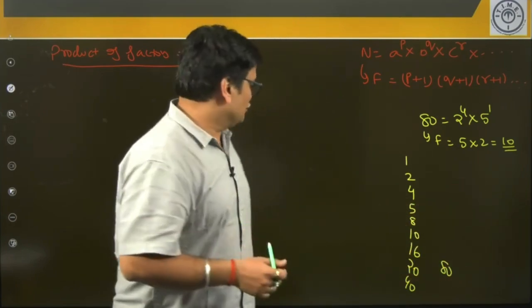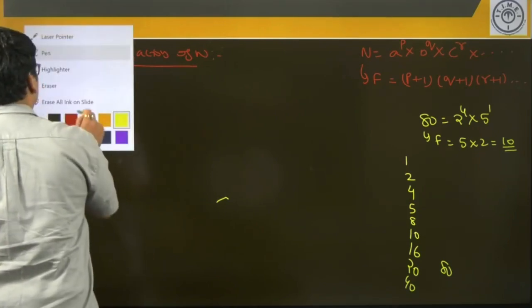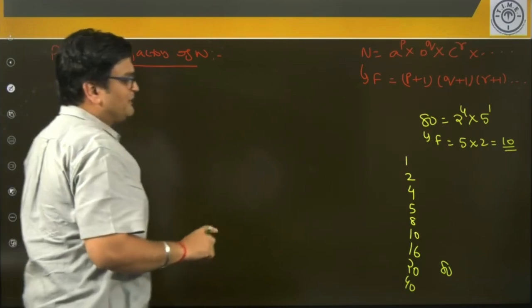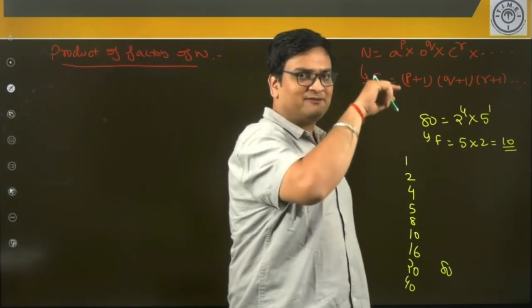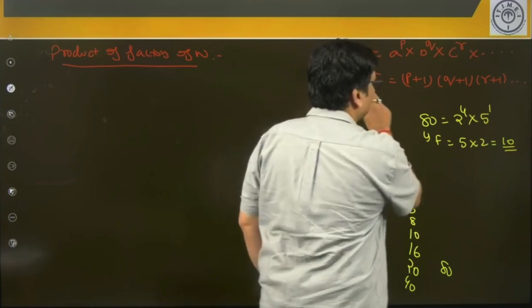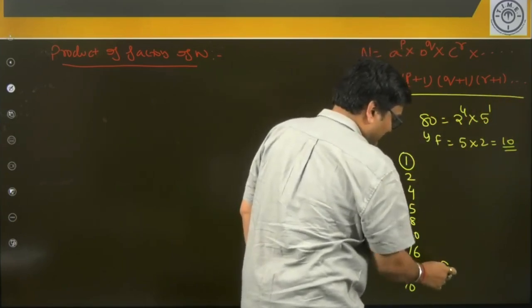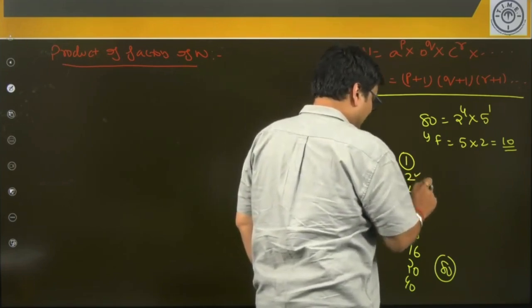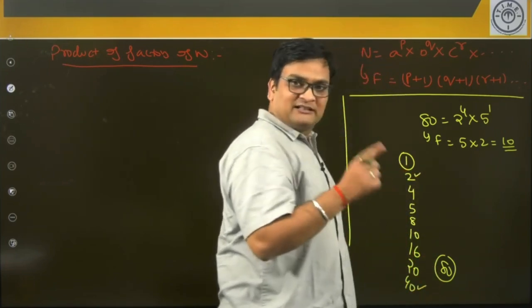Now the question is, how do we find the product of all these factors? If you remember, in the previous class we observed this point: when you multiply the first number and the last number, you get the number itself. When you multiply the second number and the second last number, you get the number itself.